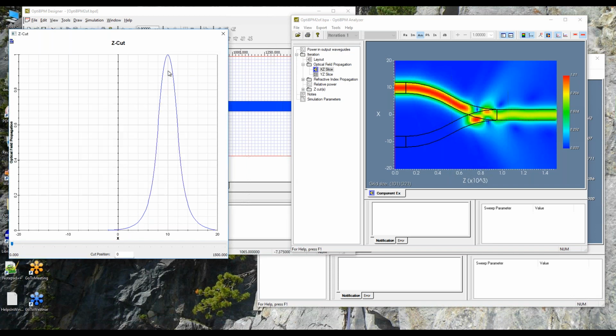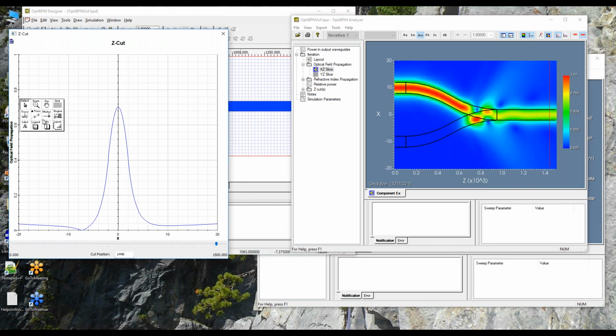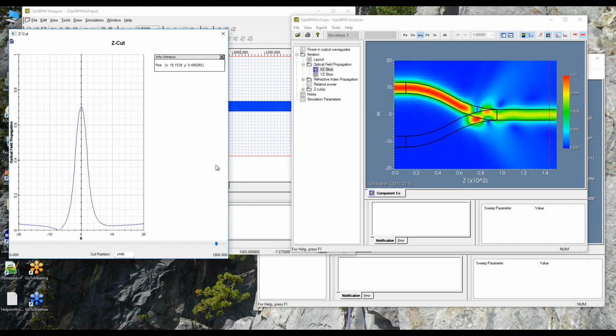So there's our amplitude of 1 at the input, and we approach the junction. Something funny happens. And when we come out the other side, it doesn't appear to be full power anymore.